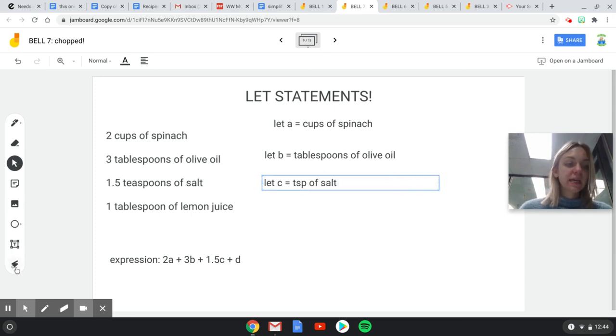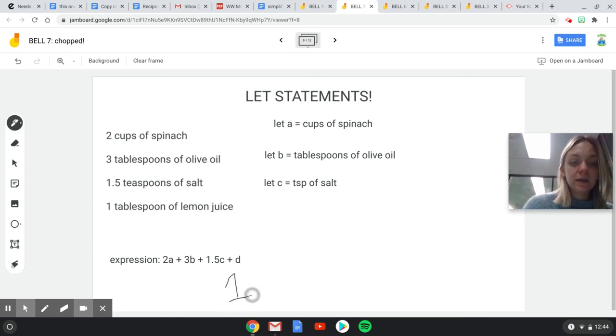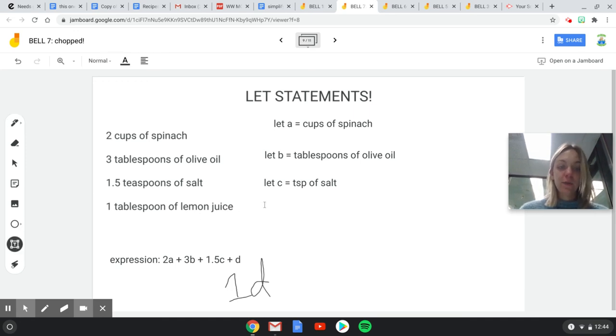And then lastly, we have 1 tablespoon of lemon juice. The D is going to represent the lemon juice, even though we could write this as 1D. Haha, like One Direction. But in math, if there's 1 as the coefficient, we typically only see the variable. So then I will let D equal tablespoons of lemon juice.